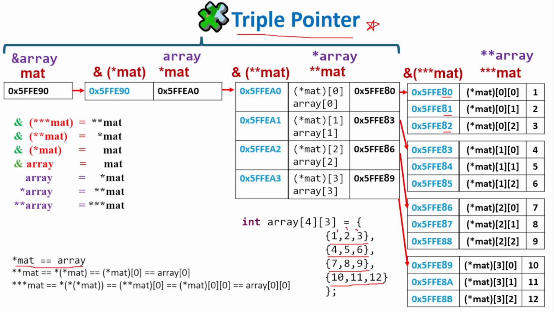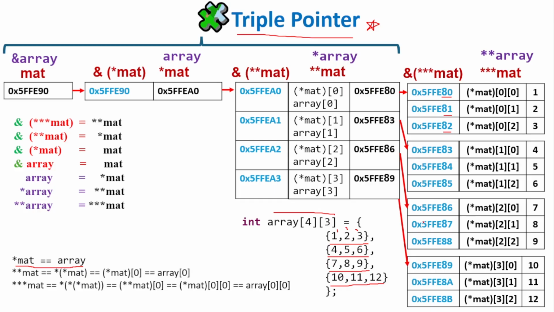A two-dimensional array can be described as an array of arrays. This means that the 2D array is actually a one-dimensional array whose elements are themselves arrays. For example, a 2D array with 4 rows and 3 columns is, in reality, a one-dimensional array with 4 elements, where each element is a one-dimensional array with 3 elements.